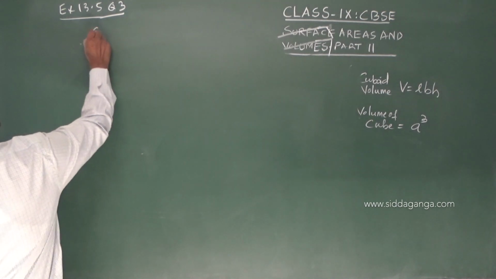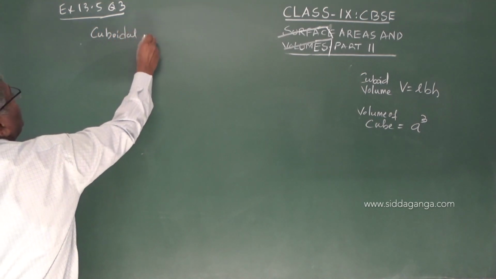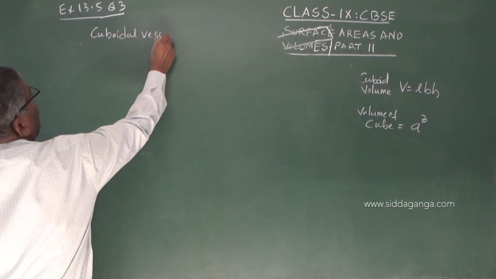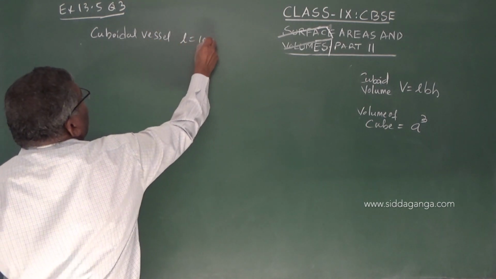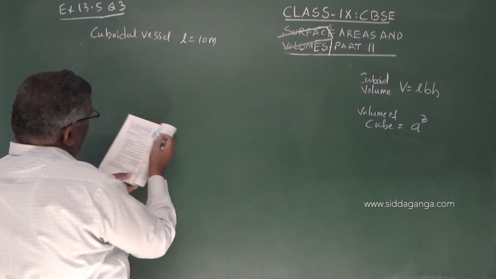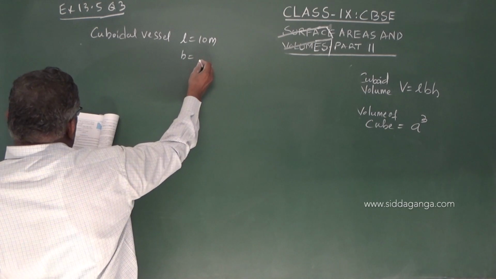So cuboidal vessel, L is equal to 10 meter, breadth is equal to 8 meter.